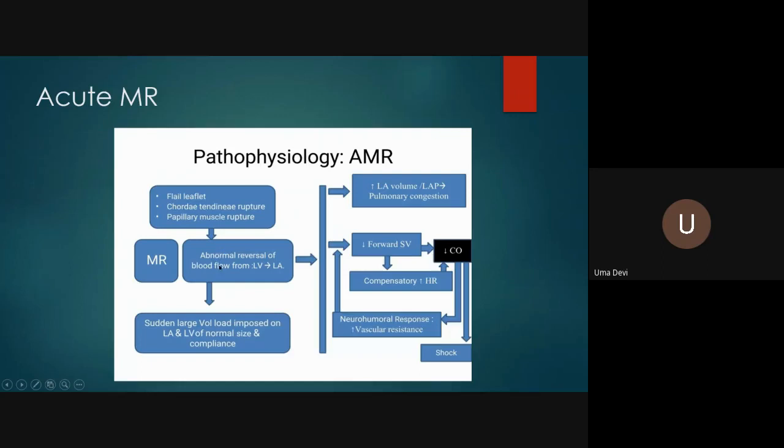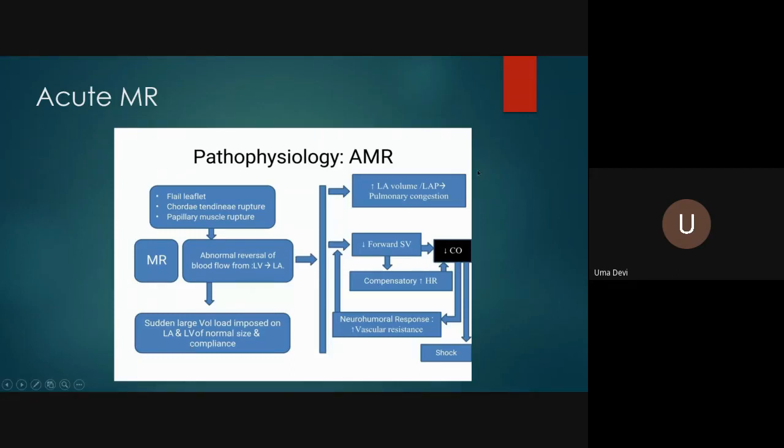So what happens? There is abnormal reversal of blood flow, an acute process, from the left ventricle to the left atrium. So it lands up with acute mitral regurgitation. There is a sudden large volume load imposed on a left atrium and left ventricle of normal size and compliance. The compensation has not yet occurred.